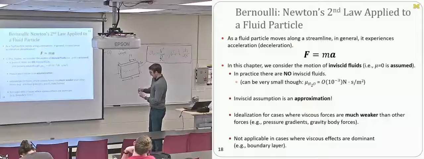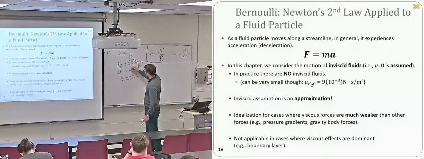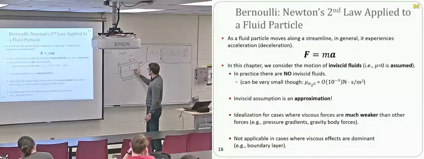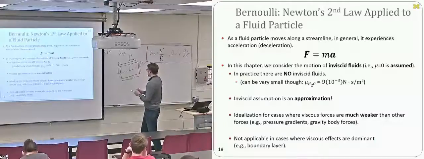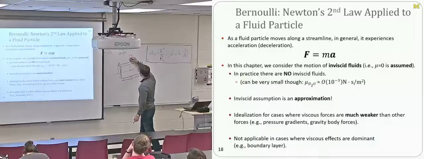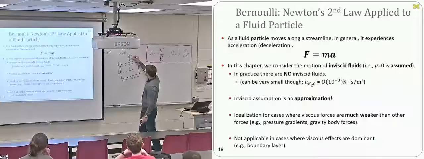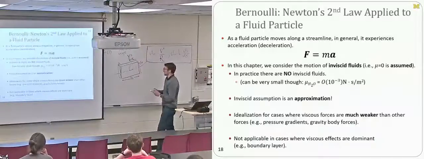So now let's go ahead and set up our streamline fixed coordinate system. This one here is our normal unit vector, and this is our tangent unit vector. Note that this constitutes a rotation through an angle of theta relative to our Earth fixed coordinate system, right?